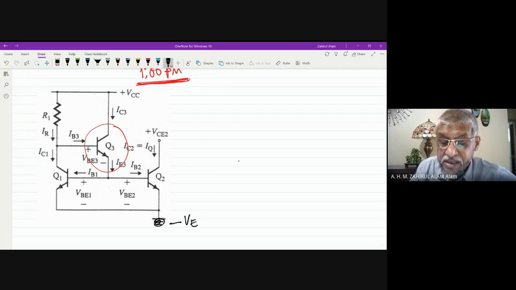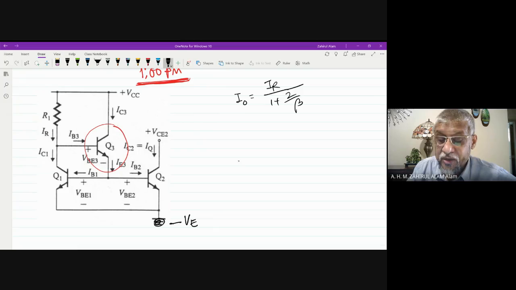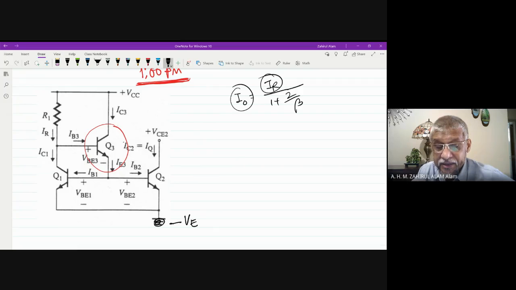In my previous case, I naught is not equal to IR, which is 2 over 1 plus 2 times beta. So there is some variation. Now if we modify, then the modified one is very close to IR. Now we need to verify this.